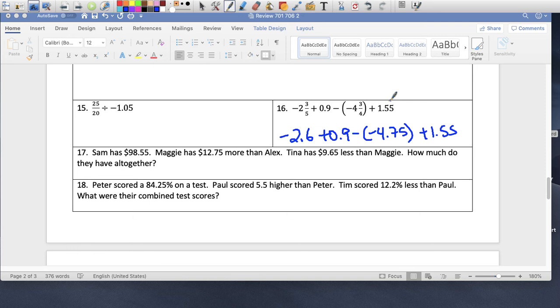Negative 2.6 plus 0.9 minus, and make sure you put the negative, negative 4.75 and then plus 1.55. That's going to give us 4.6. Okay.